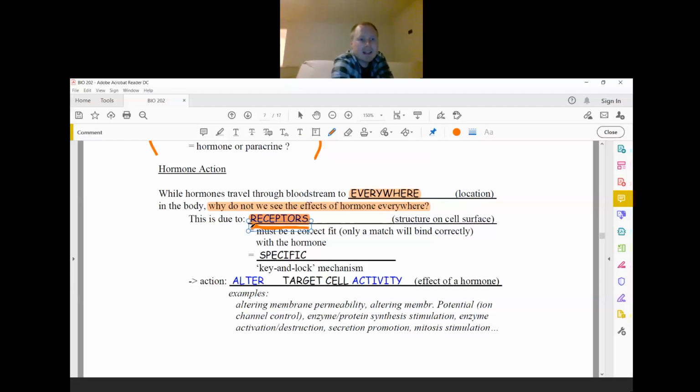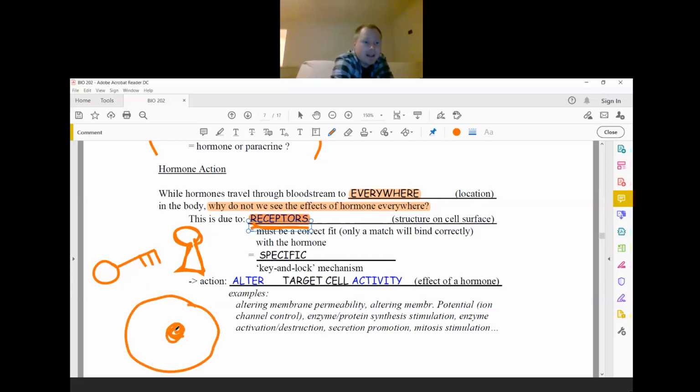So we notice that the hormones and the receptors are like a key and lock mechanism, that they must be an exact fit. A roughly similar one will not work. It needs to be a perfect fit. So these receptors are located on the surface of the cell, on the cell membrane. And the hormone travels and binds with that receptor.